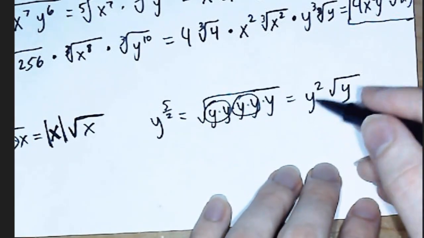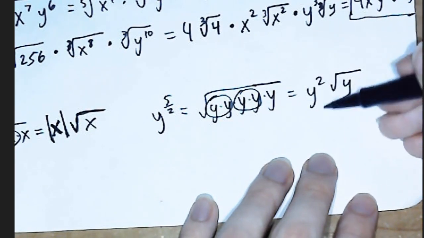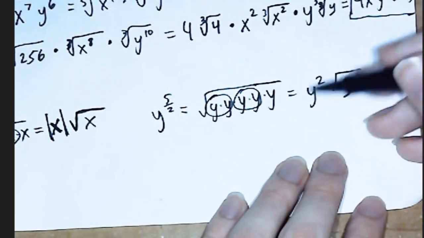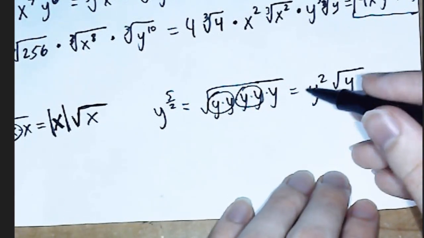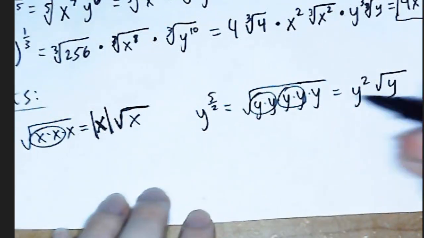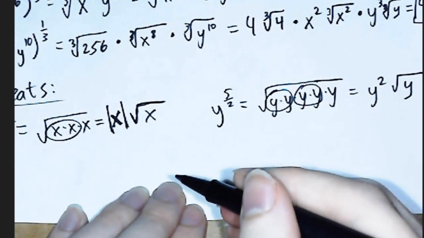So no matter what, y squared will be positive. And therefore, absolute value bars here are redundant, because this y squared will always give us a positive value anyway. So this doesn't need absolute value bars because it's already always positive, whereas the x did need absolute value bars because it can be negative.